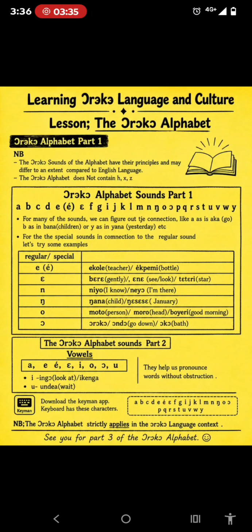So we have this regular A that we already know of. Examples in Oroko: A as in Ekole, Ekole means teacher. A as in Ekwemi, Ekwemi means bottle. Then we go to the special sound strictly for Oroko or other dialects or languages.